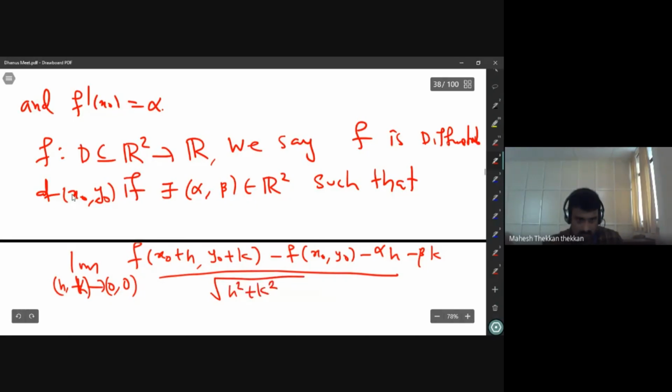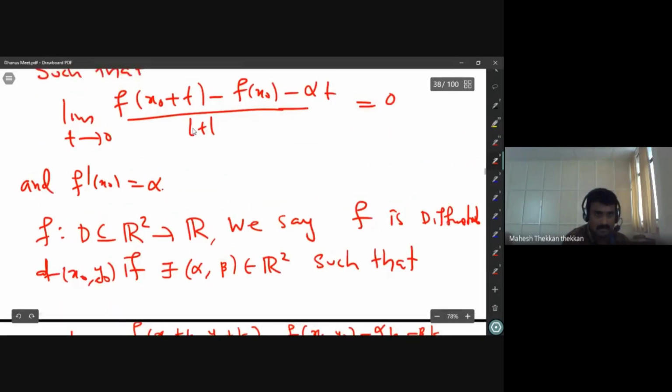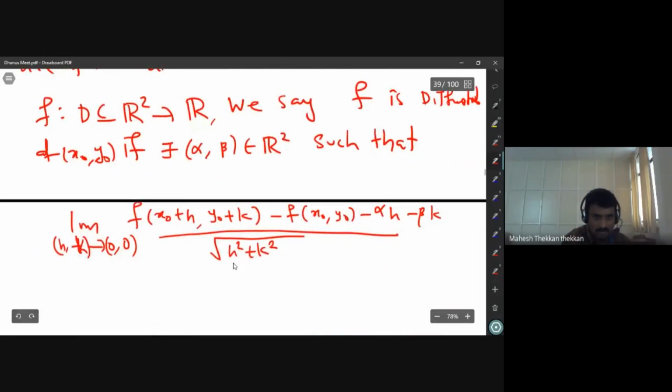This is the norm of the vector. Here I took modulus of t; the same way I take the norm of the vector h comma k. So this is equal to 0.